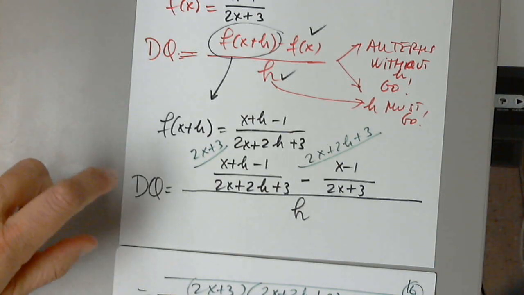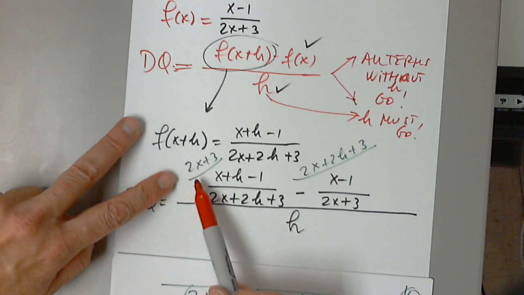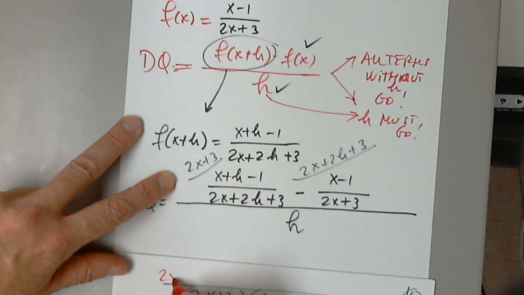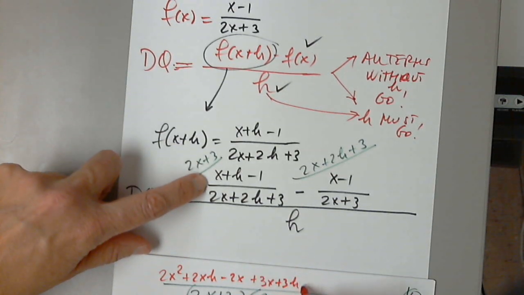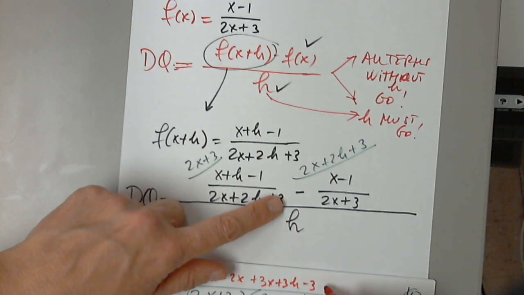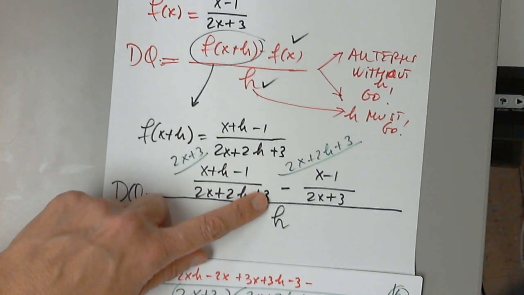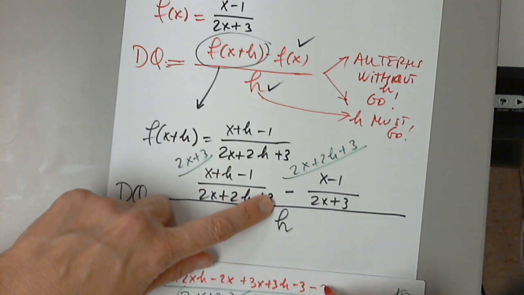Ready? So 2x distributed here, 2x squared plus 2xh minus 2x plus 3x plus 3h minus 3. Minus, of course, I'm going to run out of room. So negative 2x squared minus 2xh minus 3x plus 2x plus 2h plus 3.